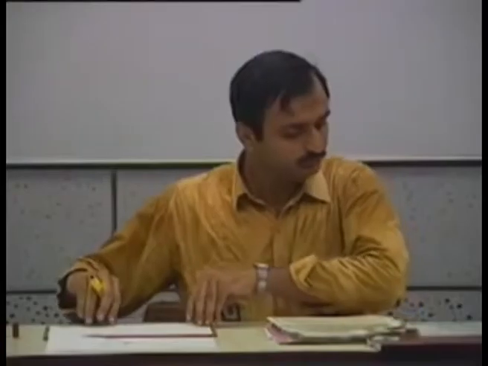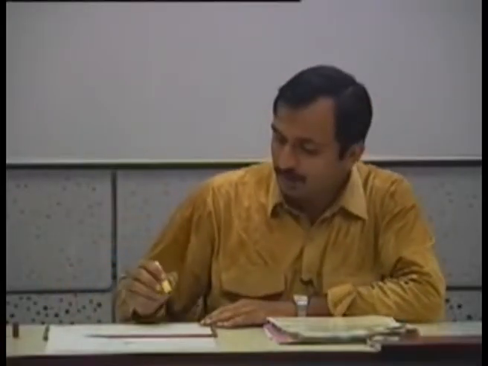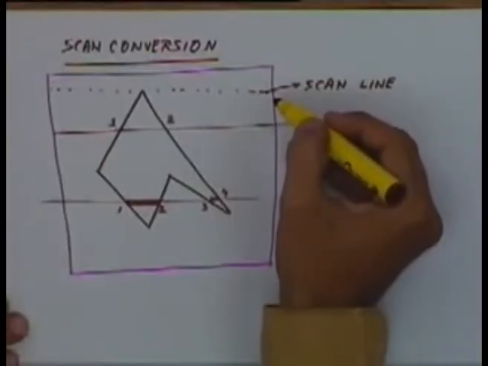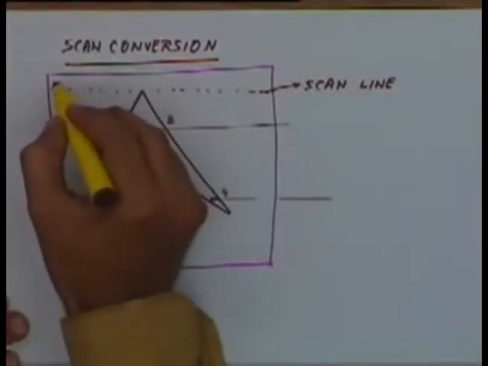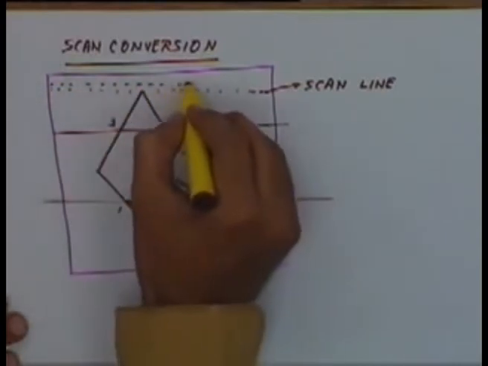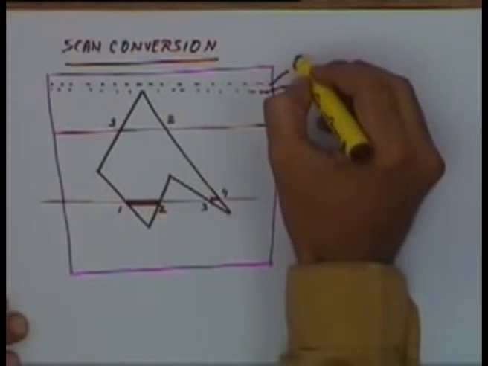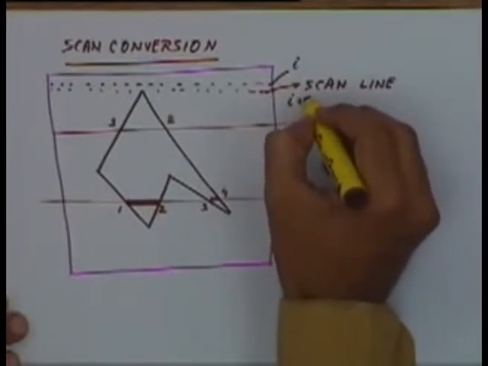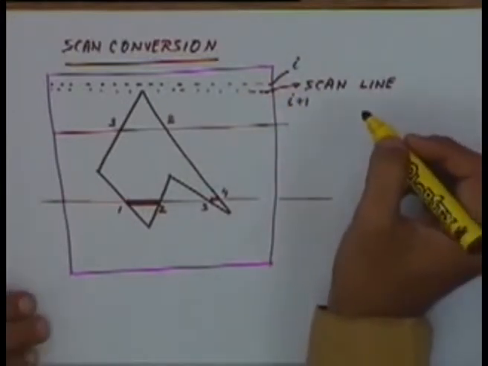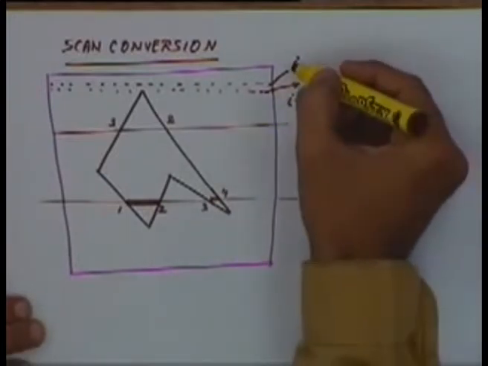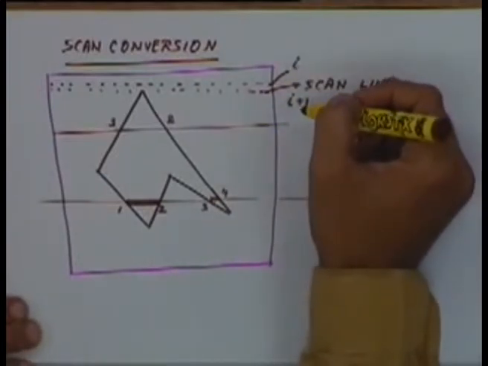Okay. Now, if we notice as we move from one scan line to a second scan line, let us say initially we are at this scan line. Okay, this is my scan line number i and this is my scan line number i plus 1. What can happen as I go from one scan line to a second scan line?